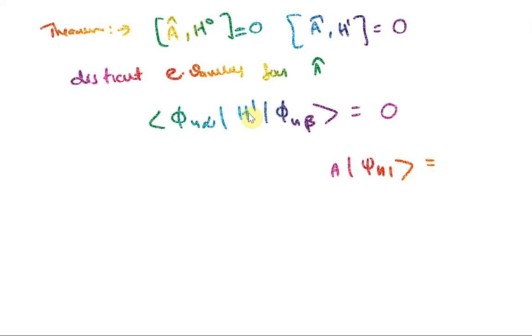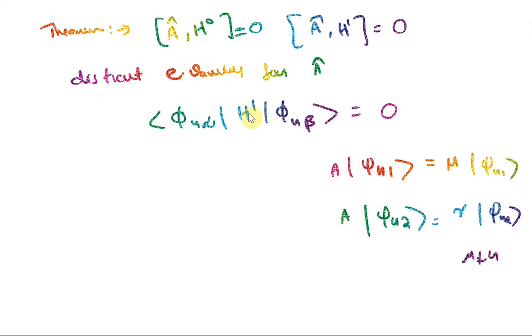It produces an eigenvalue, and I'm taking it as mu, times psi n1. A cap acting on psi n2 produces some other eigenvalue gamma times psi n2. So mu should not be equal to gamma. The eigenvalues should not be degenerate.